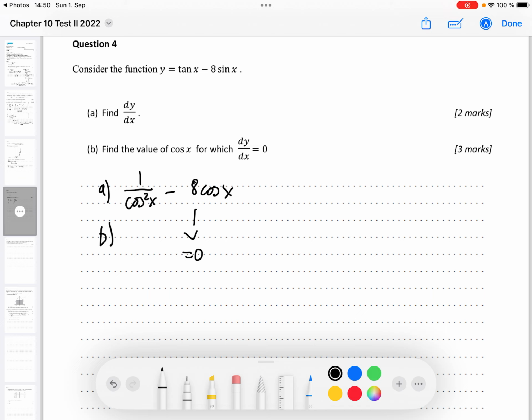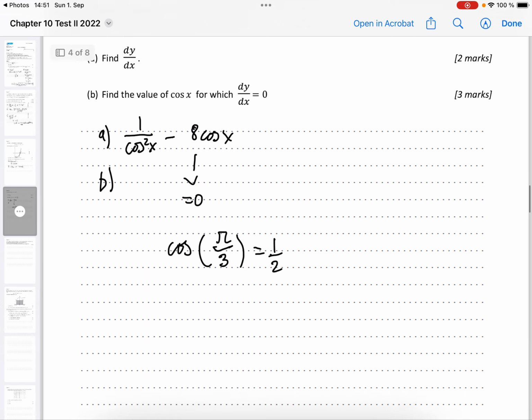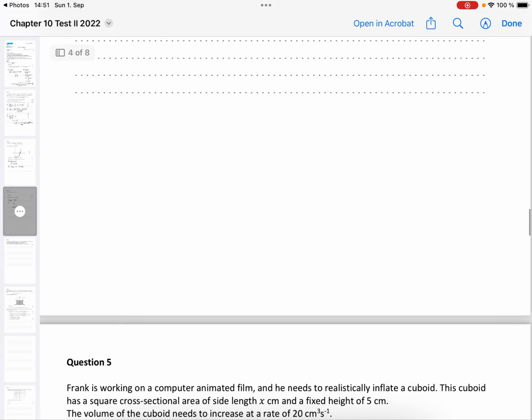And this gives us different multiples of pi, but the closest one to us is pi over 3. So pi over 3. And we just take the cosine of this to find the value of cos x for which the derivative is 0. So we say cos pi over 3, which gives us 1 over 2. So at cosine equal to 1 over 2, the derivative is equal to 0.